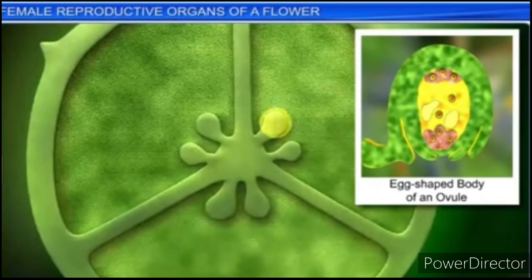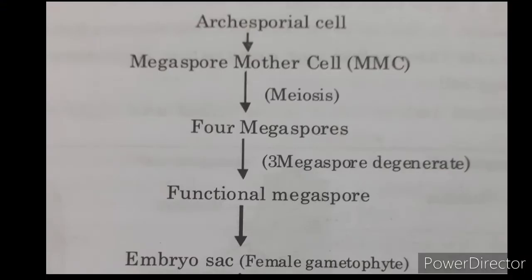Each ovule has outer integuments enclosing the nutritive tissue called nucellus. Some of the cells of the nucellus develop into diploid archesporial cells. What is an archesporial cell?